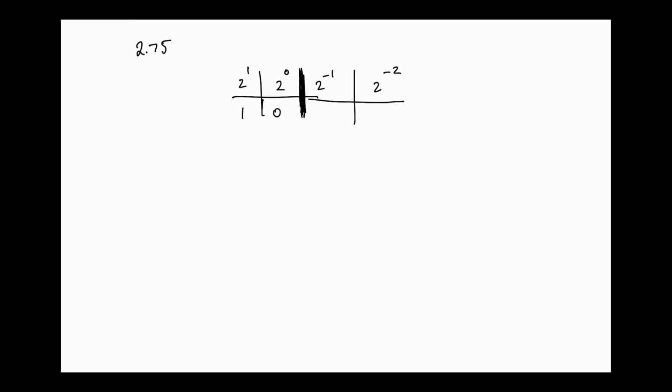What base are we working in? Well, base 2, right? Okay, so what is 2 to the minus 1 equal to? 0.5, 1/2. Okay, what about 2 to the minus 2? 0.25, right, or 1/4.